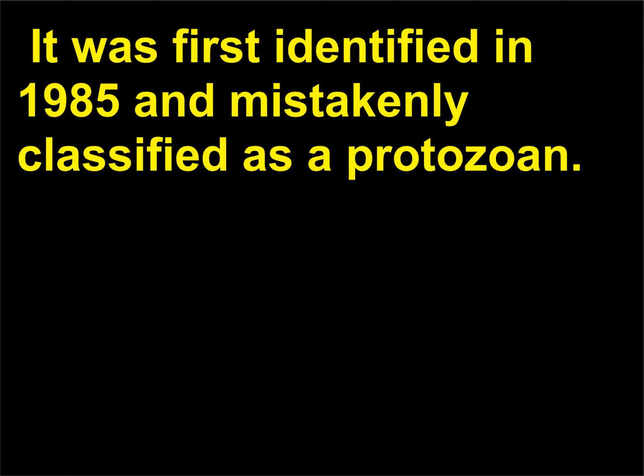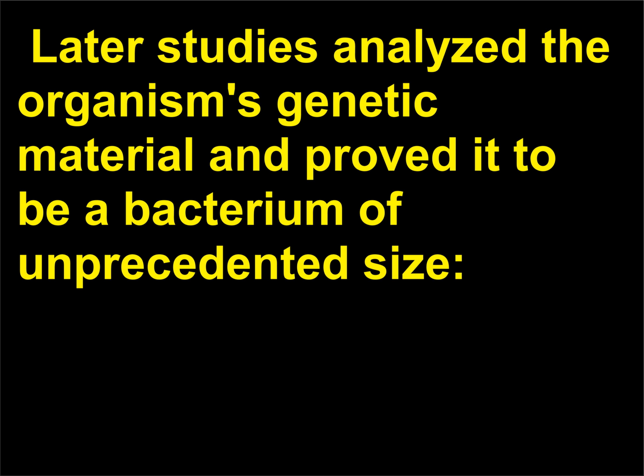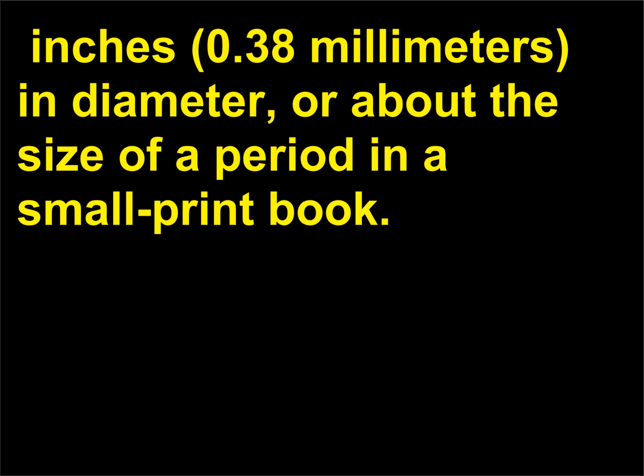It was first identified in 1985 and mistakenly classified as a protozoan. Later studies analyzed the organism's genetic material and proved it to be a bacterium of unprecedented size. It is 0.015 inches, 0.38 millimeters, in diameter, or about the size of a period in a small print book.